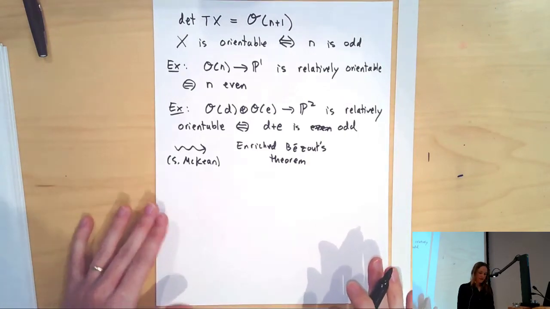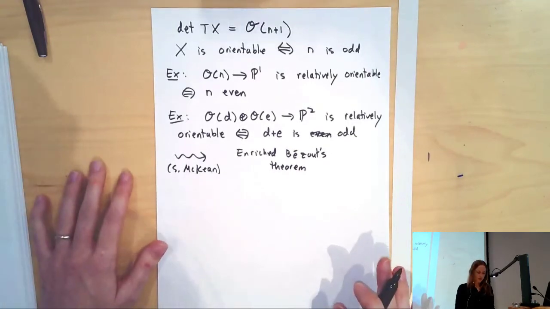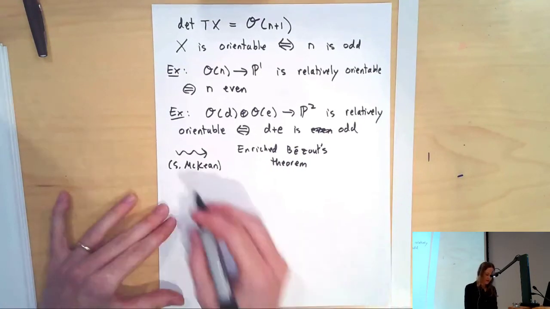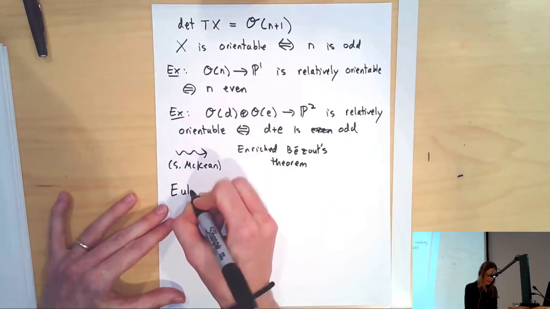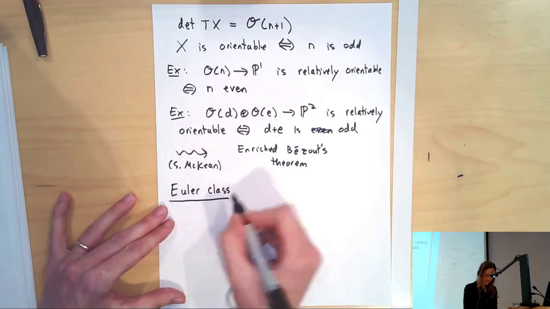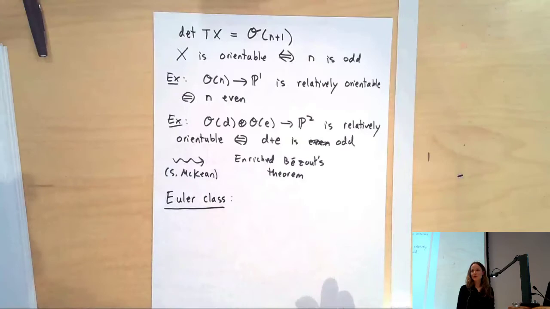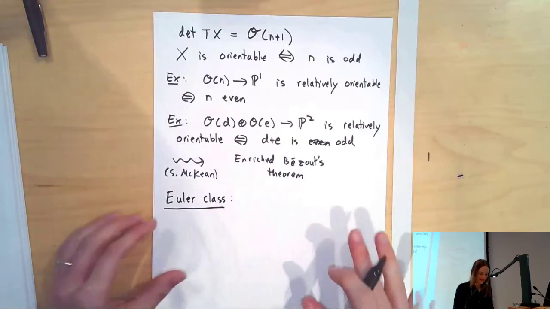So let's talk about computing Euler classes for relatively orientable bundles. I'll let Stephen tell you about his cool theorem as opposed to trying to tell you about it right now.